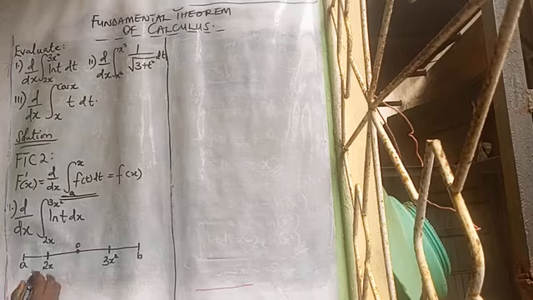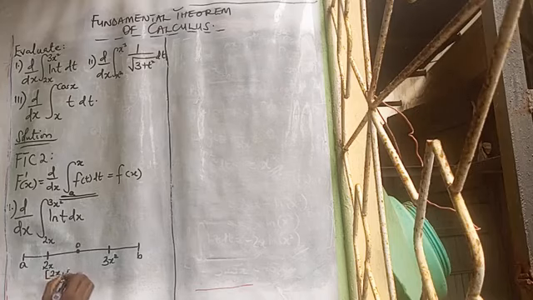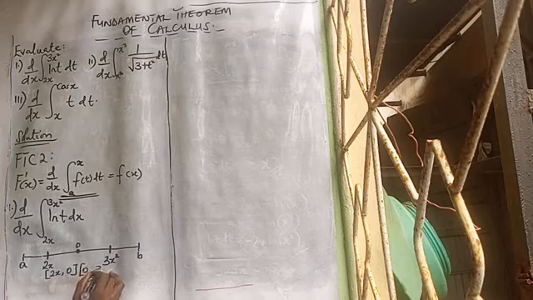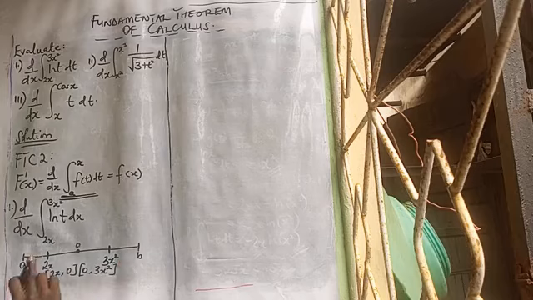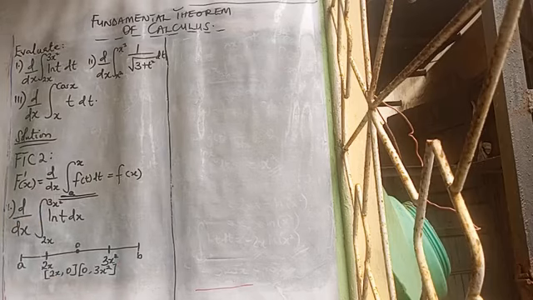And so I will take the integral between 2x and 0, and then the integral from 0 to 3x squared. Again, that does not mean that our 2x is less than 0, neither does it mean that our 3x squared is less than 0. It's just to find a way to deal with that problem.